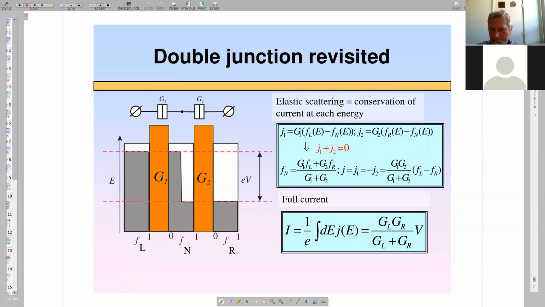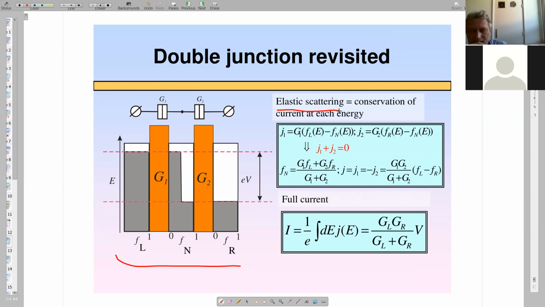Let me look again at this double junction system and let us see how we can figure out its behavior using different conservation laws. First of all, I assume that the structure is short enough, so all the scattering in the structure is elastic.